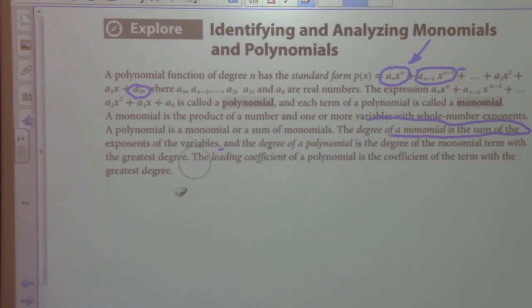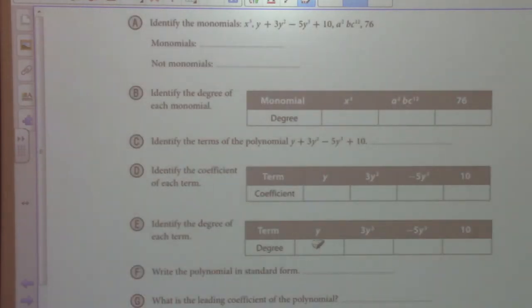Do you have any questions or observations on those right now? You've been exposed to this a lot already, and even a linear expression is a polynomial, like 6x minus 5 or something like that.